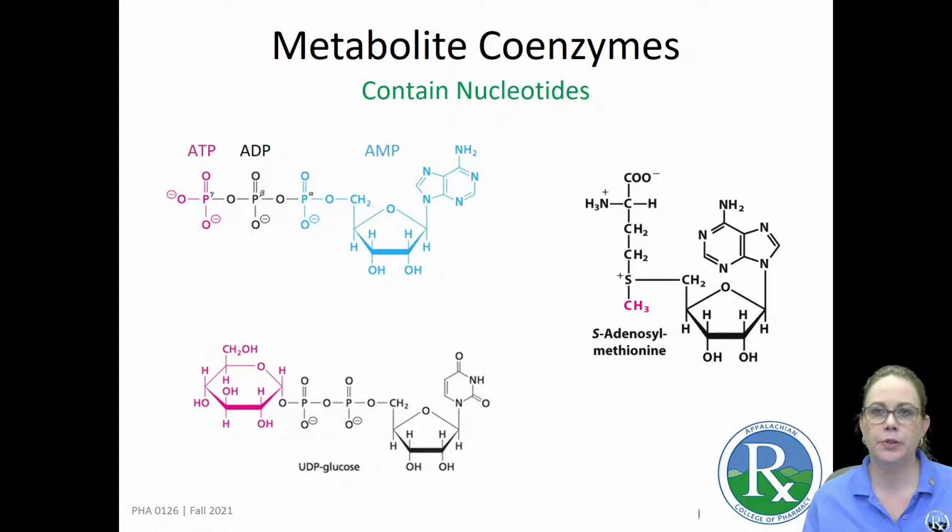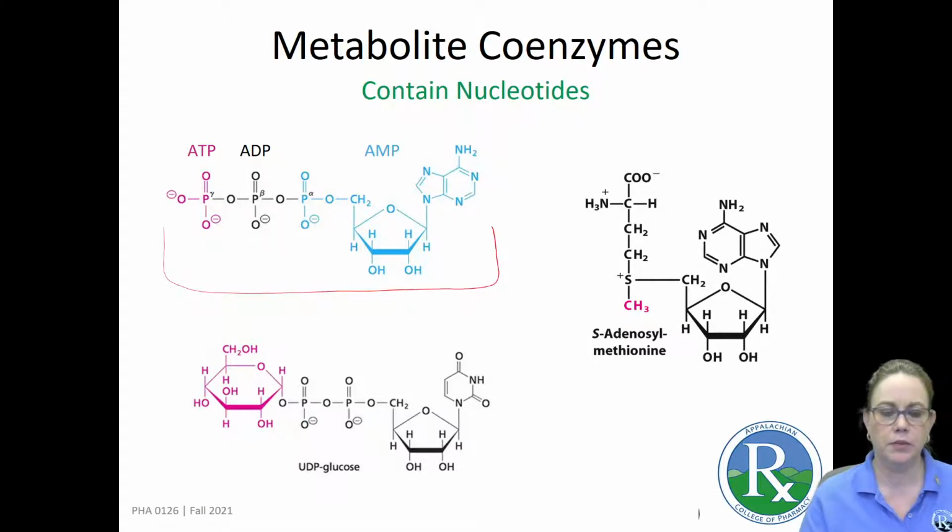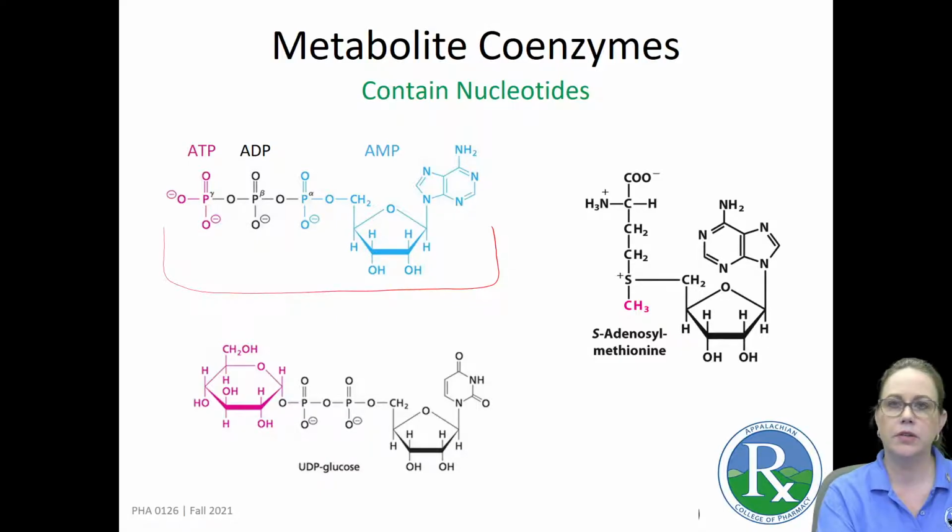We're going to start with our metabolite coenzymes. So we've only talked about 3 of the metabolite coenzymes. They're all shown here. They all contain a nucleotide. We'll start with our ATP. So ATP, the structure is shown there. We're highlighting the AMP moiety in blue with a single phosphate group.